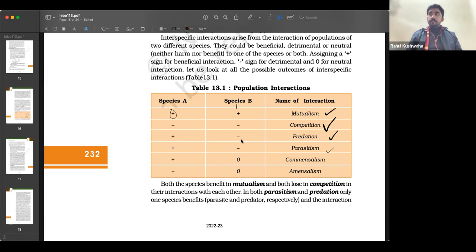In parasitism, there are two types of parasites, endoparasite and ectoparasite. Ectoparasites are those which live outside the host body or on the surface, such as ticks and lice.